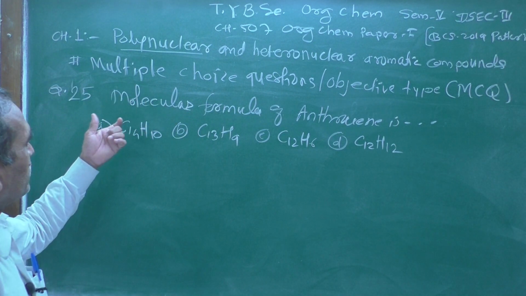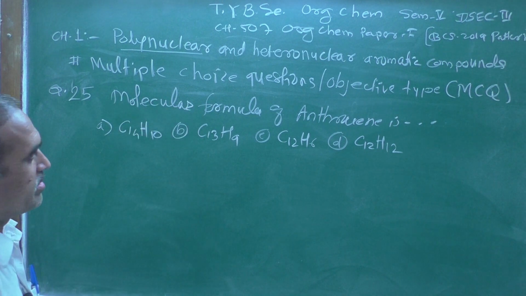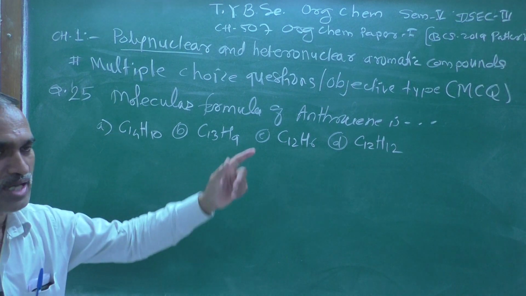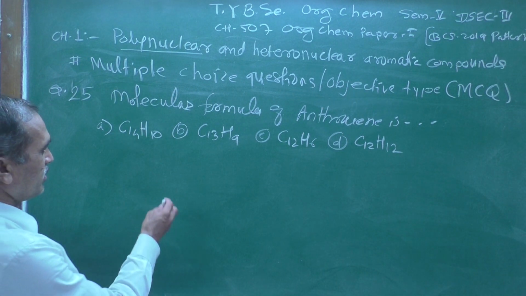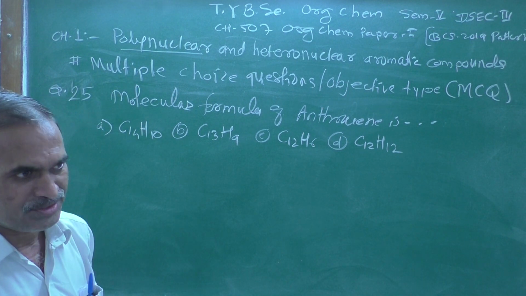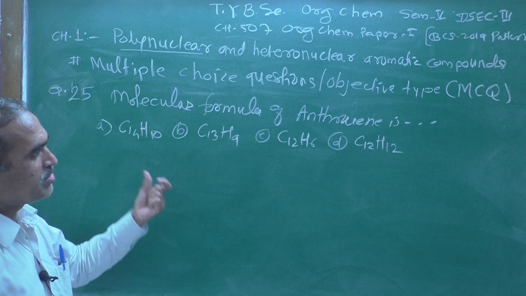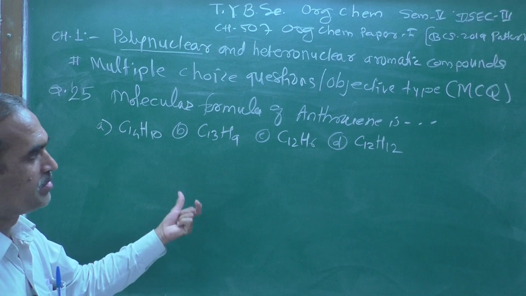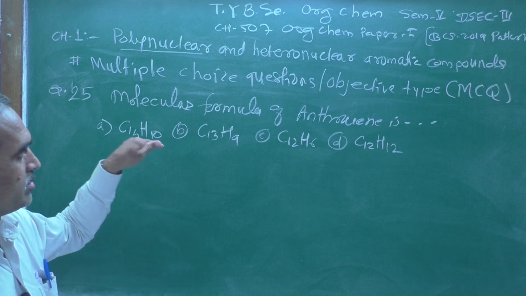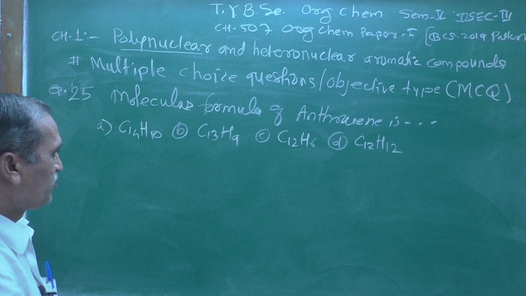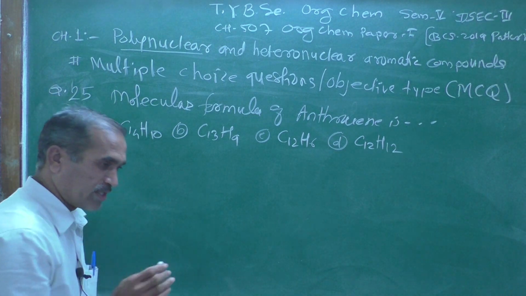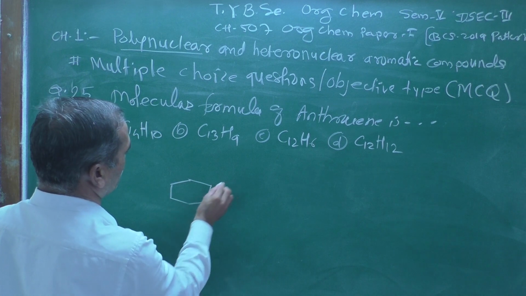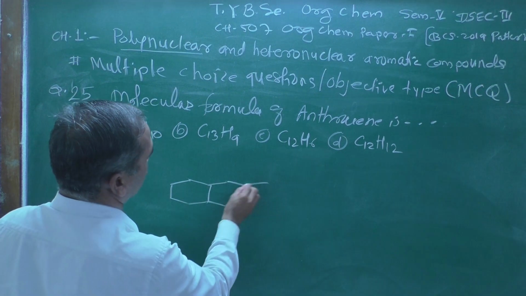So let us see here. The molecular formula of anthracene is dash dash. These are the options given here, and to justify which is the correct answer from these 4 alternatives, you must know the structure of anthracene.